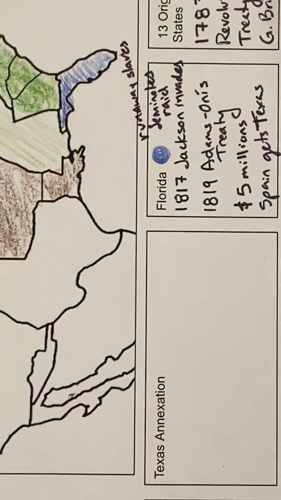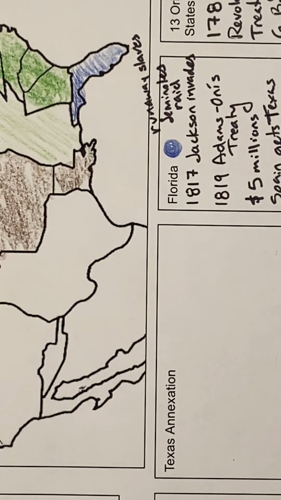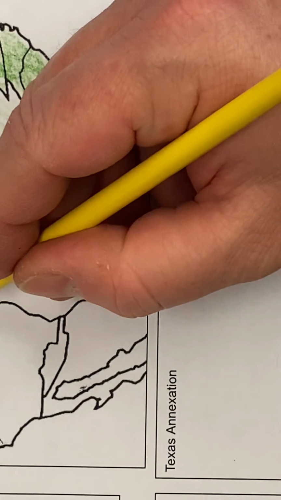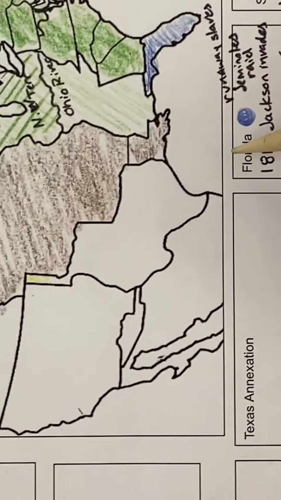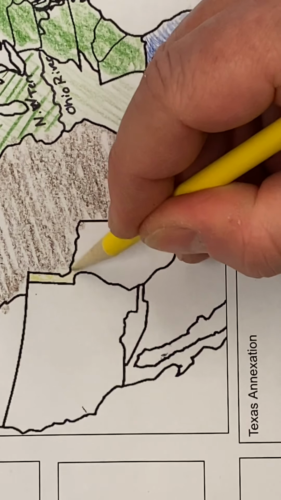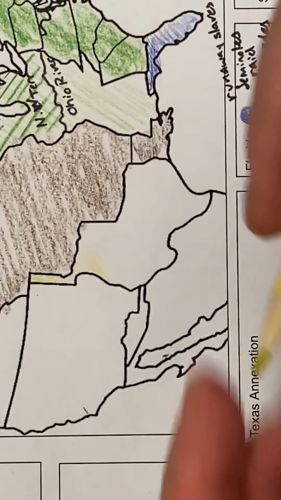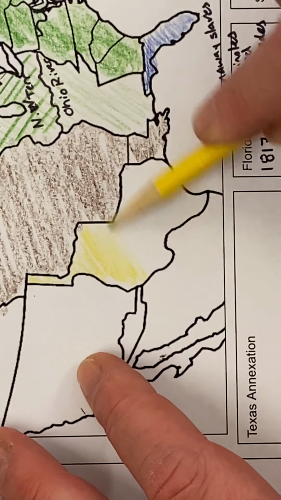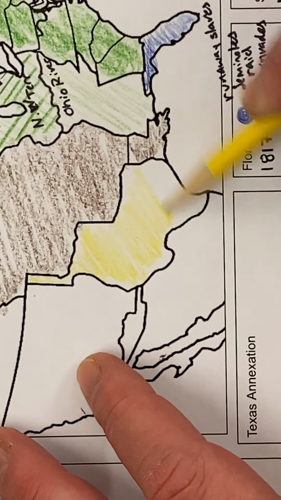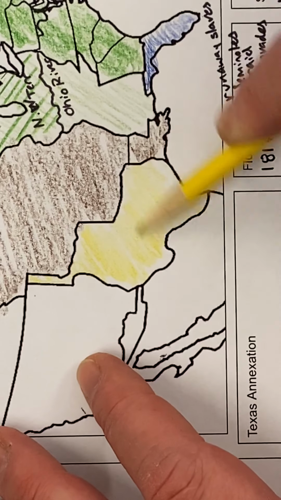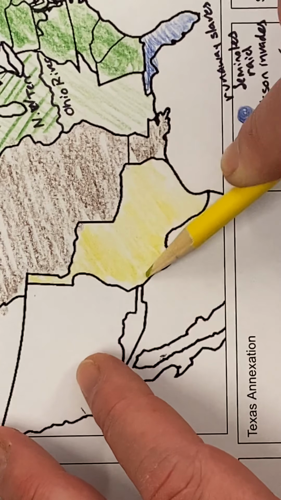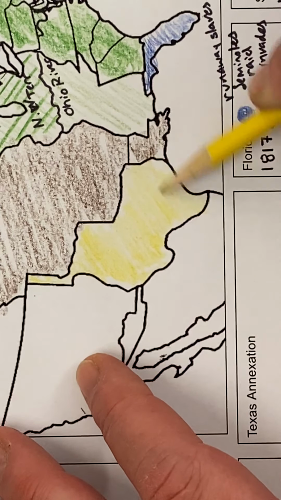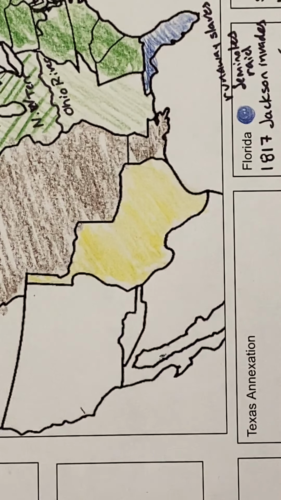The next part we read about was Texas independence. So I'm going to use yellow, and I'm going to shade in this part that was annexed after Texas was added to the Union. All right.